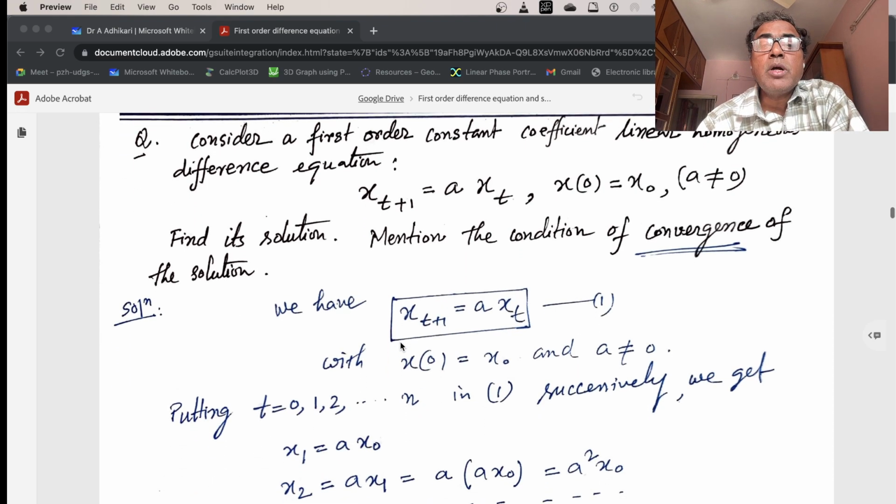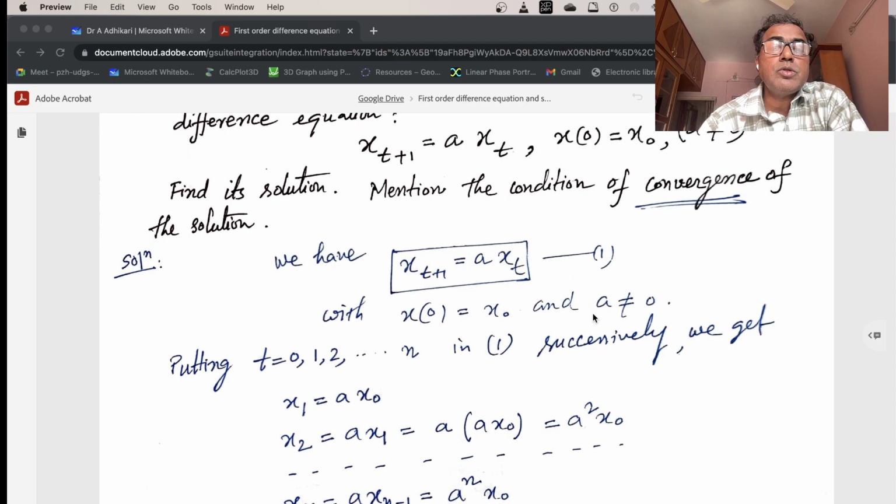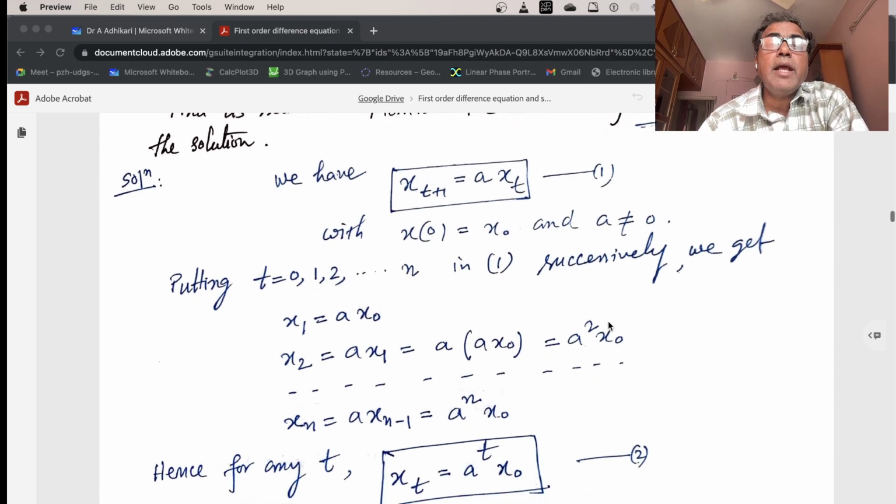Here xt plus 1 equal to a xt with the initial condition x0 and a not equal to 0. Putting t equal to 0, 1, 2, n in (1) successively, we get x1 equal to a x0, x2 equal to a x1, and the value of x1 is a x0, so x2 equal to a square x0, and so on.